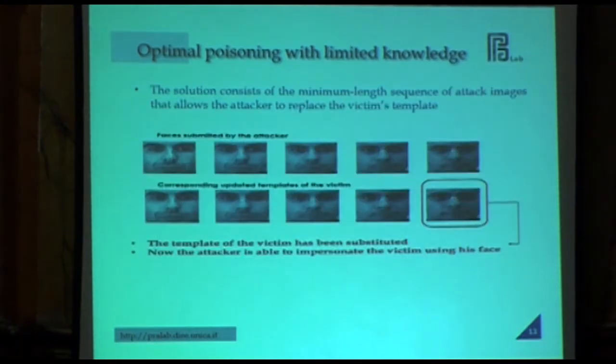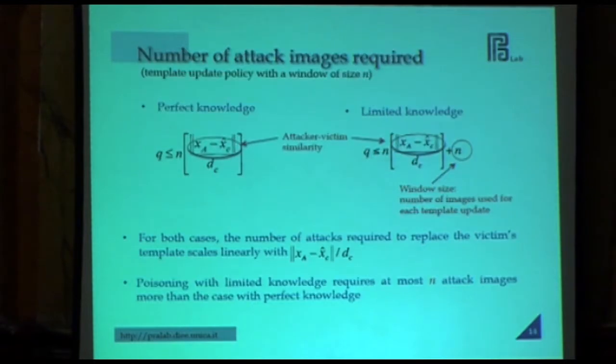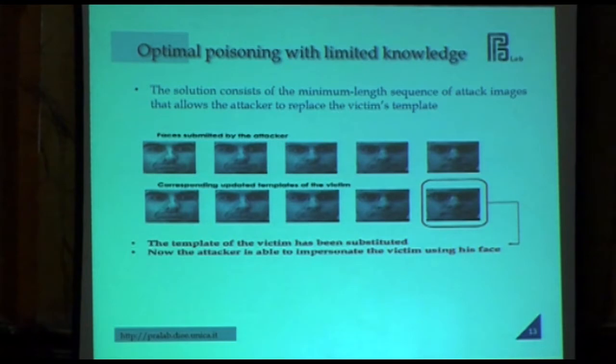Here you can see just one example of this optimal poisoning attack. This is the sequence of attack images, and these are the templates of the victim that are updated.